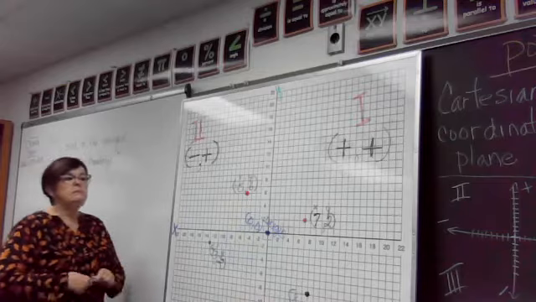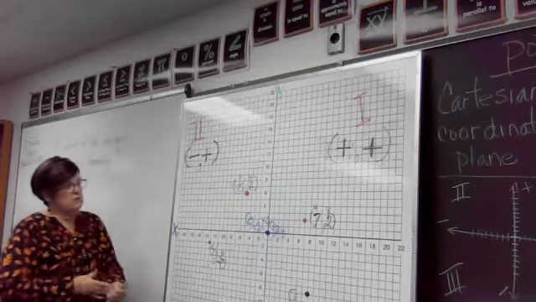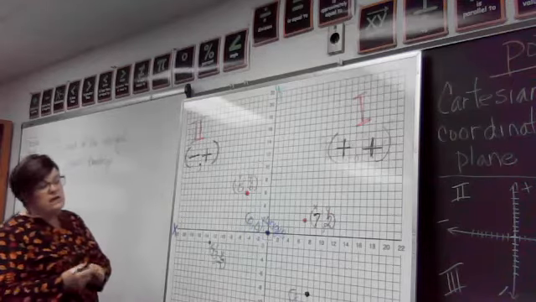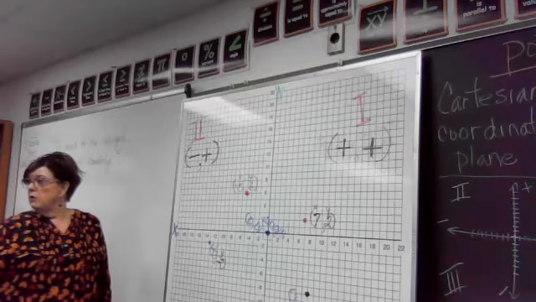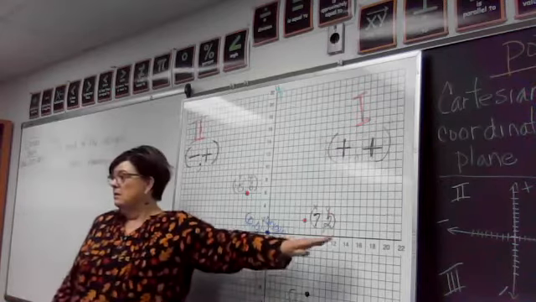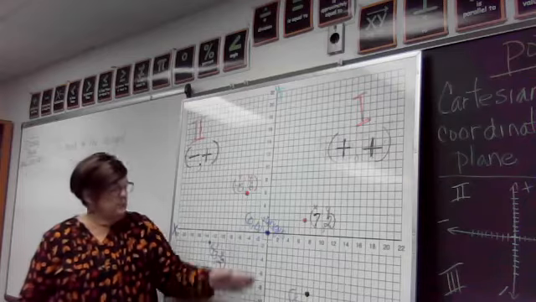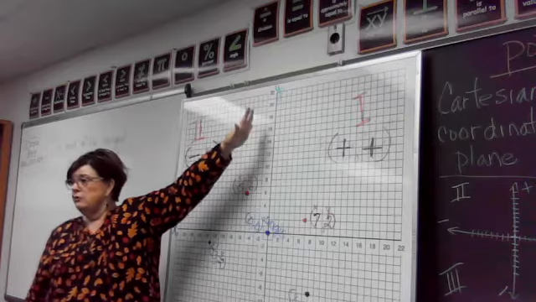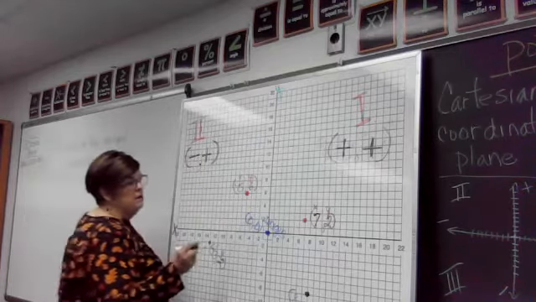Now, here's what we're gonna do. I wonder if I ought to get rid of some of these. Well, no, it's okay. Now, what if it isn't in quadrant 1, 2, 3, or 4? Understand that the axis is not a part of any of the quadrants, okay? So let's look at this point right here.